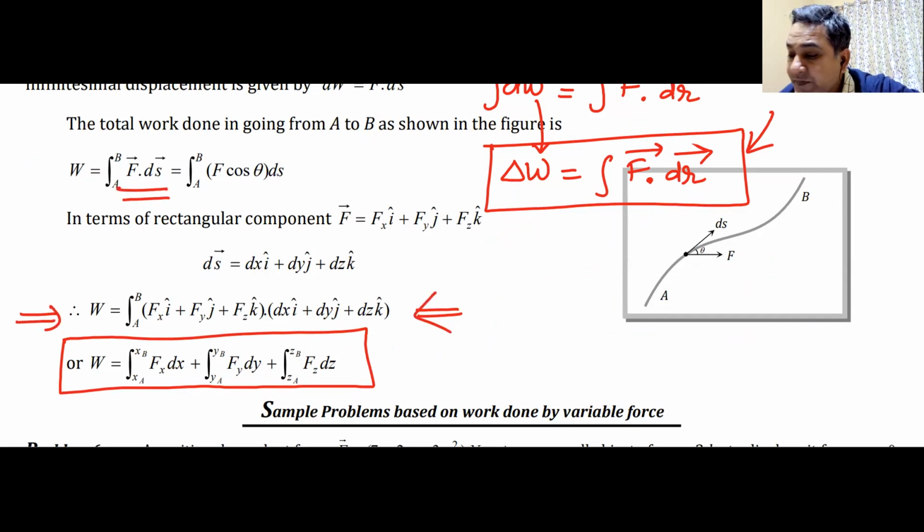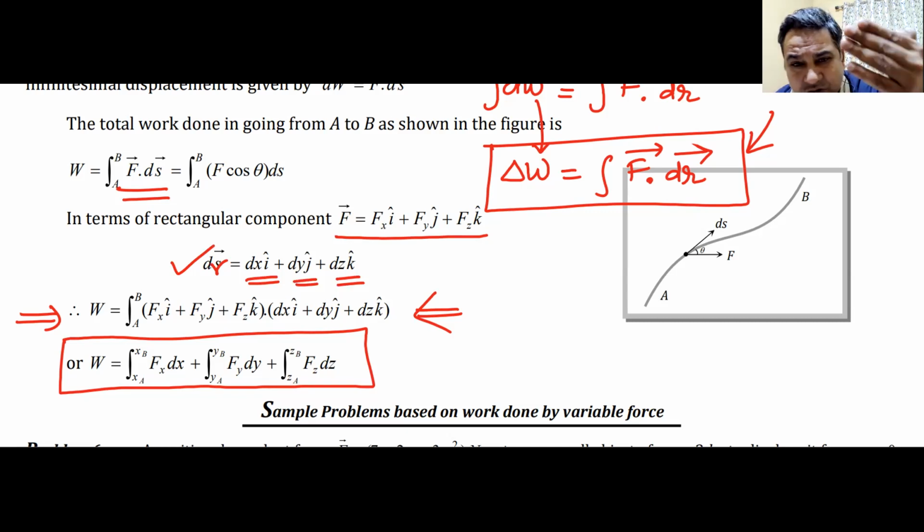What they have done here is taken the dot product. F is written as 3 components, fx i, fy j, fz k. Delta r is written as dx i, dy j, dz k. Then they have taken the dot product. i dot i will be 1, rest all is 0. j dot j is 1, rest all is 0. k dot k is 1, rest all is 0.